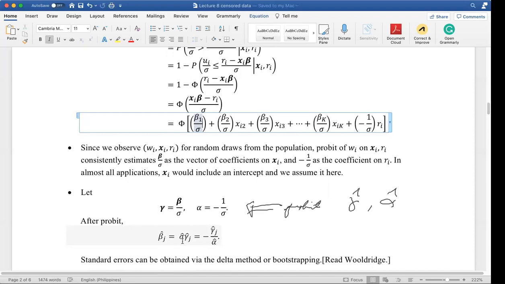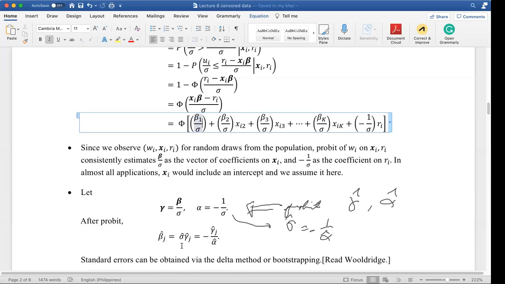But what is the estimate for sigma hat? From here, you get sigma is equal to minus 1 over alpha. So sigma hat would be minus 1 over alpha hat.